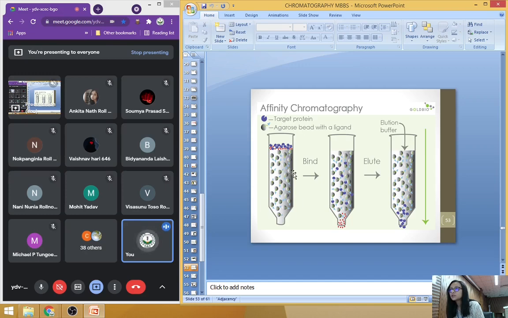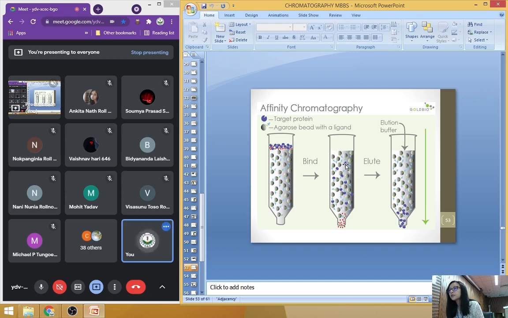So in the stationary phase, we have this agarose bead with this ligand. The sample mixture contains the target protein and some other components. When we add this sample mixture, the target protein will interact and bind with the ligand, whereas the other components will be eluted out.